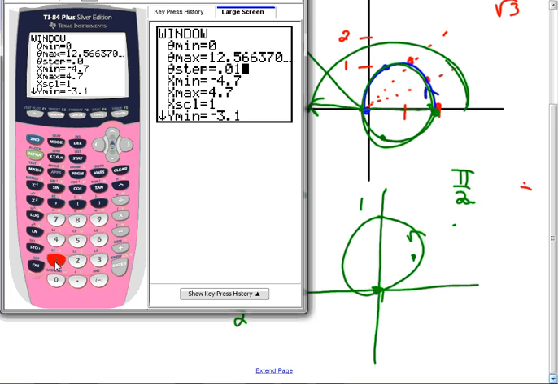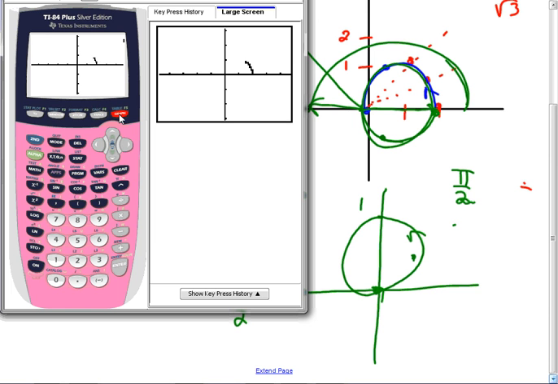I like to see it go slower. Okay, it might be a little slow. I just zoomed at decimal, so I get nice numbers. And notice it's still thinking, how many times will it go around? I made it 4 pi.